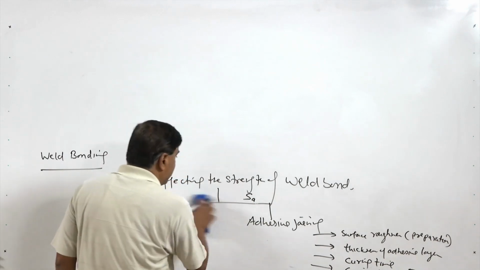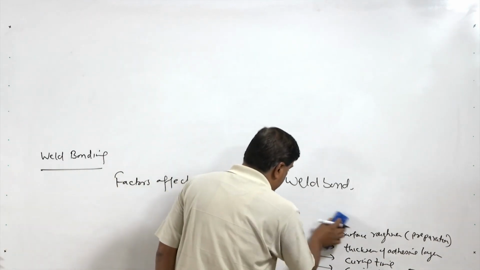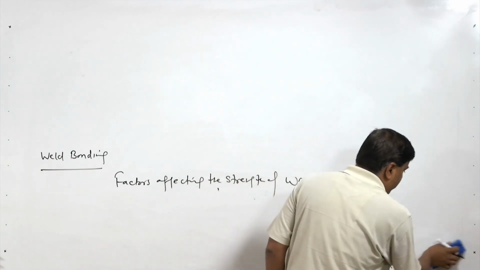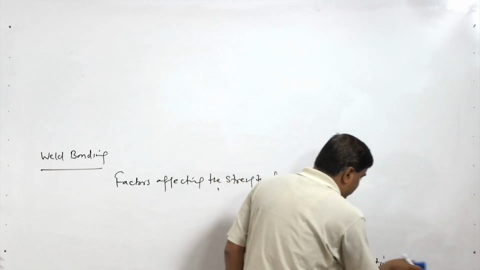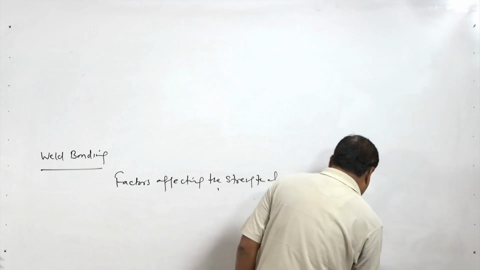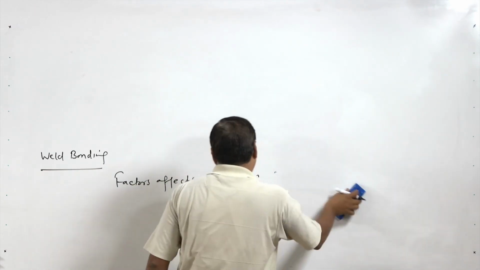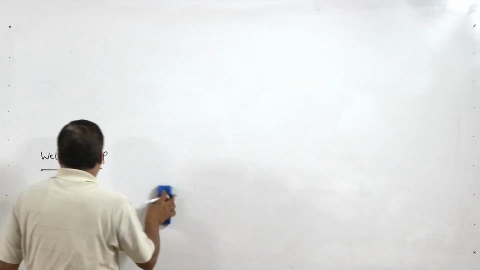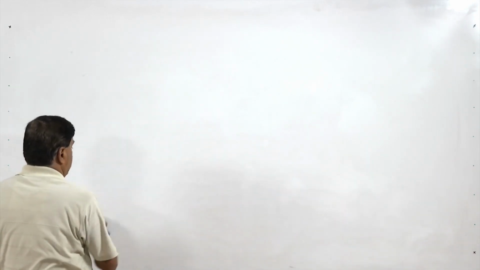Now, we will see in detail how the factors related with adhesive joining will be affecting the adhesive joint strength, which in turn will be governing the strength of the weld bond as a whole.